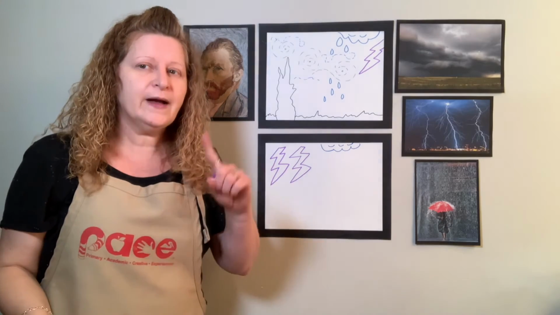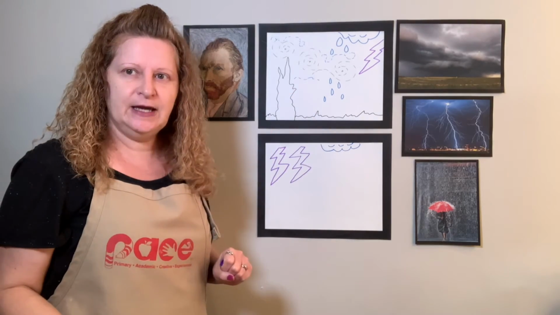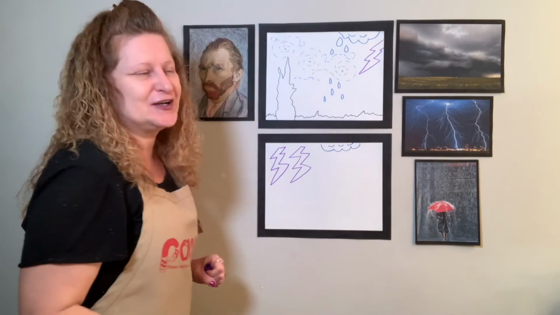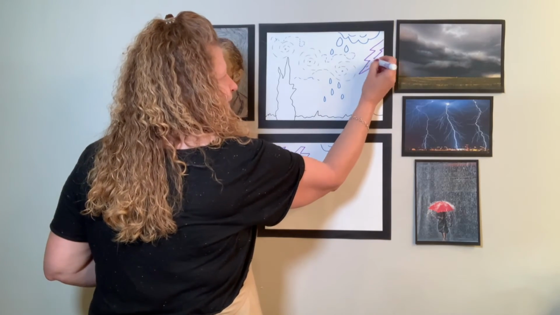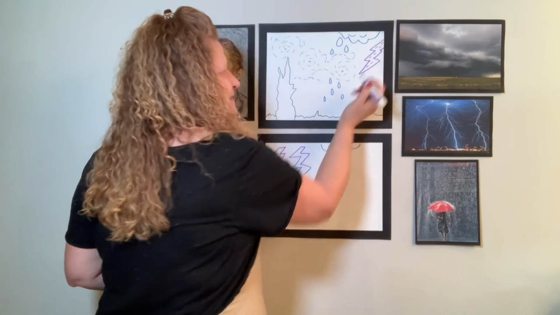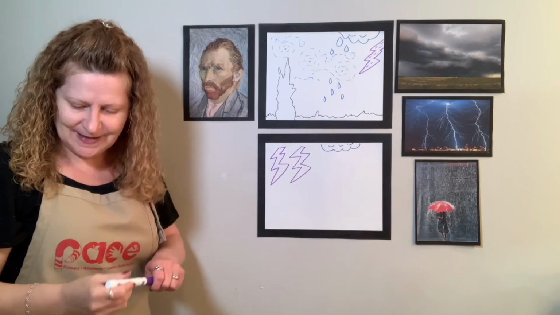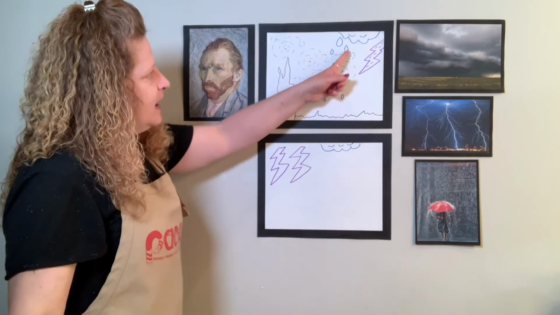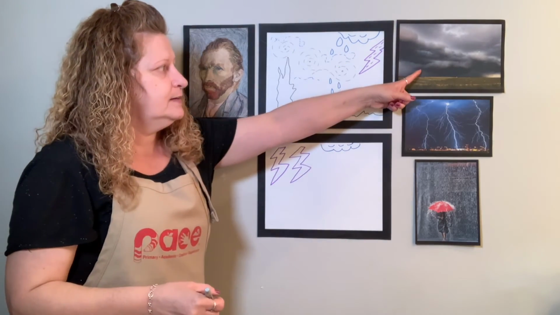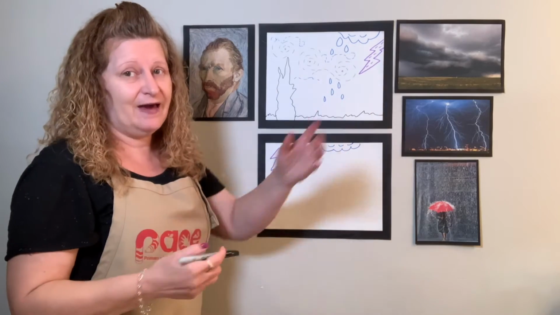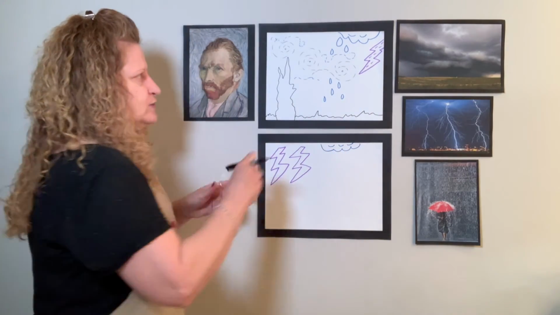Now, could you hear that lightning? No. What comes before that lightning that you could hear? Thunder. Good job. And you might also want to put some dash lines inside, just like this. Now I know that my cloud needs to be sort of a dark, heavy cloud if it's going to rain.